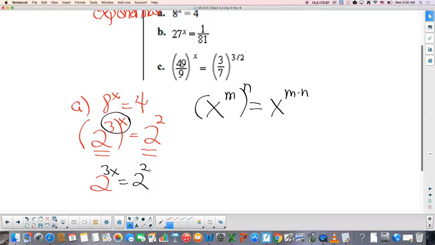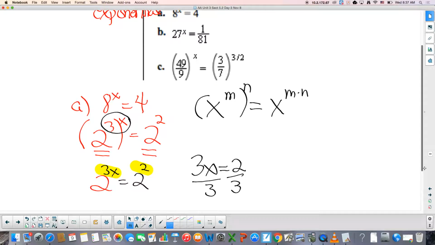Then what do you think is true about the exponents? They're equal. If these are not the same base, I can't do that. But they are. So I'm going to equate the exponents. 3x equals 2, and we divide by 3. And so x equals 2/3.